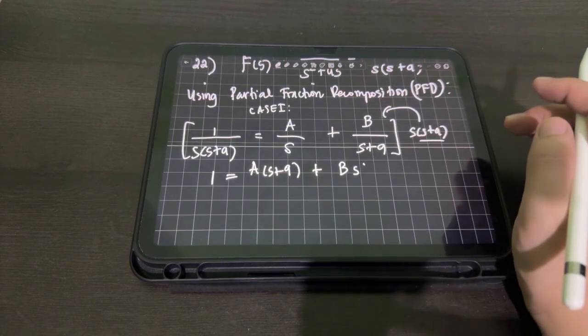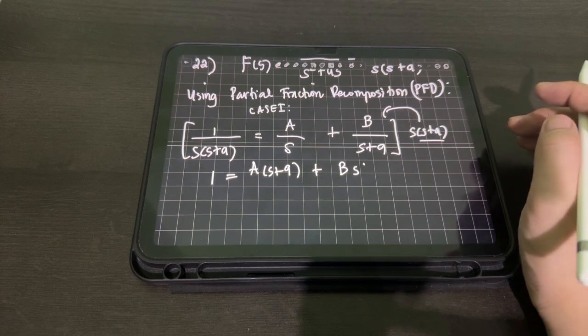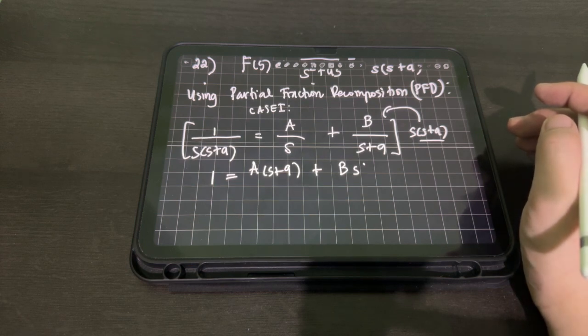So we actually have two methods here. We can use equating coefficients or the cover-up method. Okay? We can combine them, or you can just use only one method. Here in our video, there will be times that we will use equating coefficients and the cover-up method, depending on the problem.